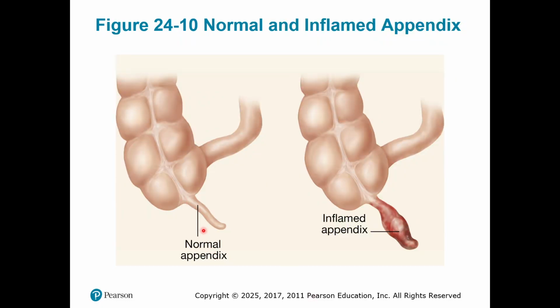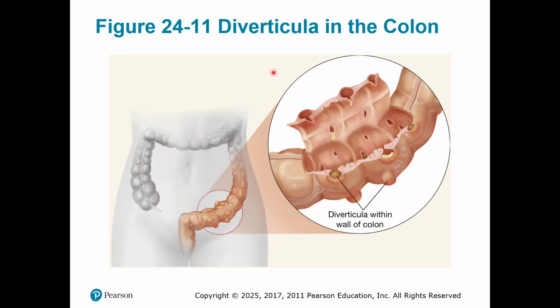So here's a normal appendix right here. And obviously here's the inflamed appendix. The goal here is to remove that appendix before it starts leaking, and then we have to deal with peritonitis. Here's the diverticula of the colon, and these are these pockets I was talking about.